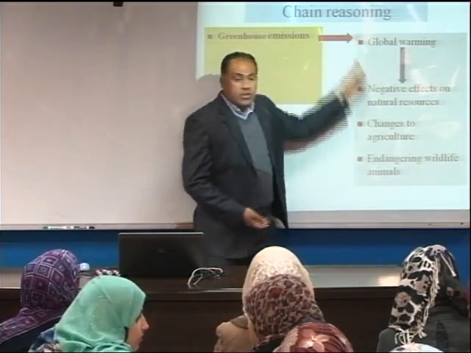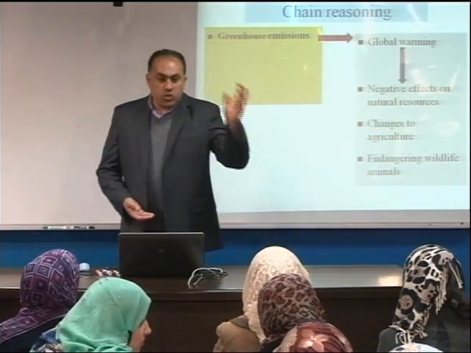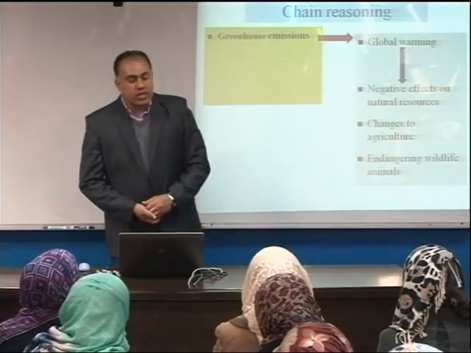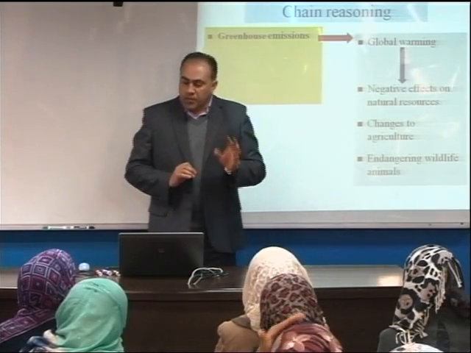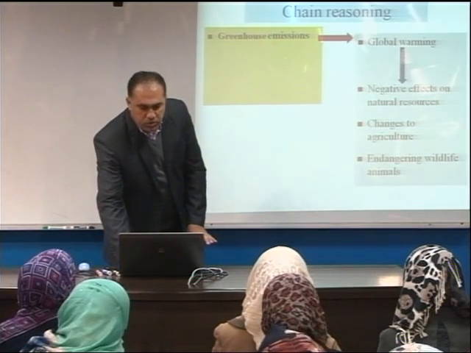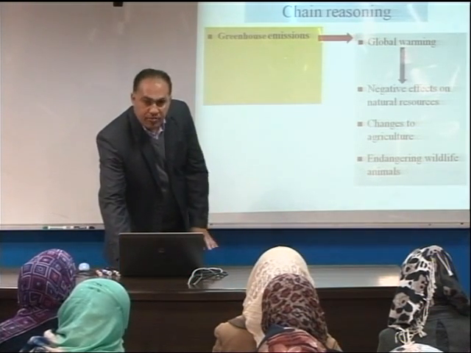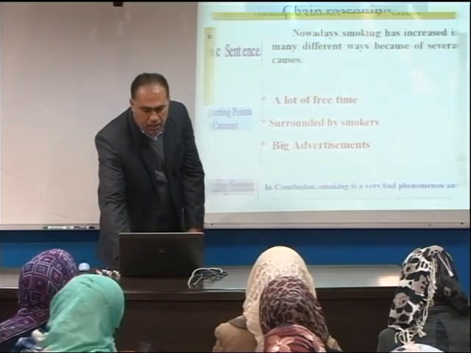So again, we have a kind of chain: a cause leads to an effect, and this leads also to another effect. Is this clear? So have this kind of understanding whenever you want to write about cause and effect writing patterns.